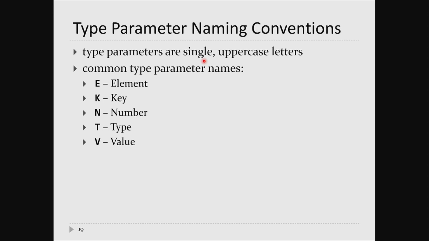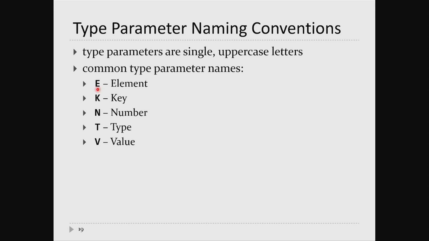Sometimes they're a little longer, but by convention, you try to stick to single uppercase letters. Use an uppercase letter because these represent non-primitive types, and all of our classes begin with uppercase letters. There are some common type parameter names, but there's no restriction on what you use. These are just the ones that happen to be used very frequently.